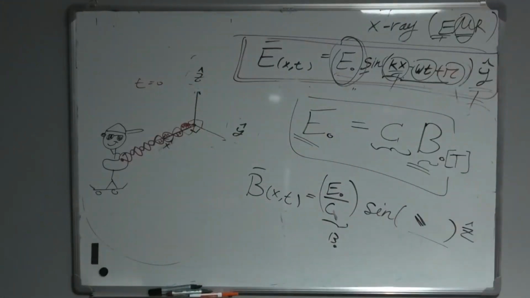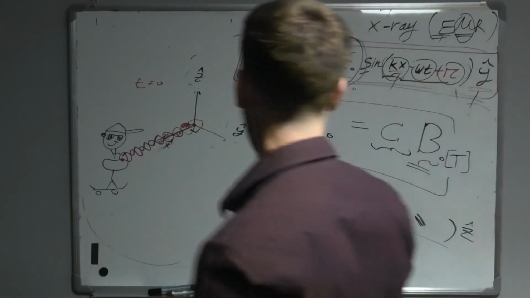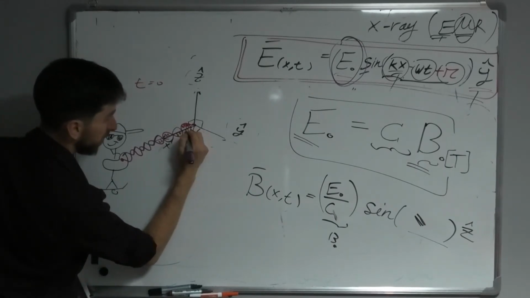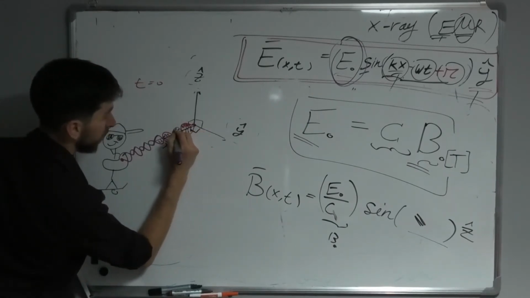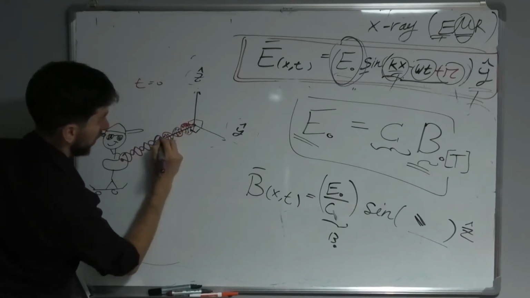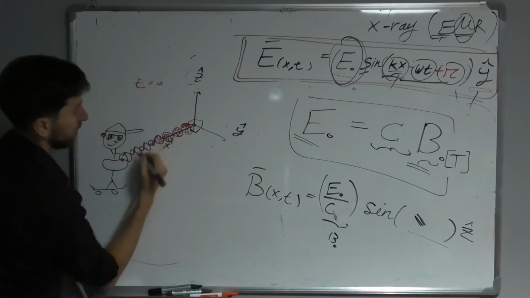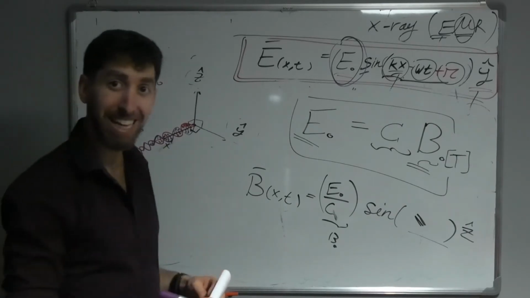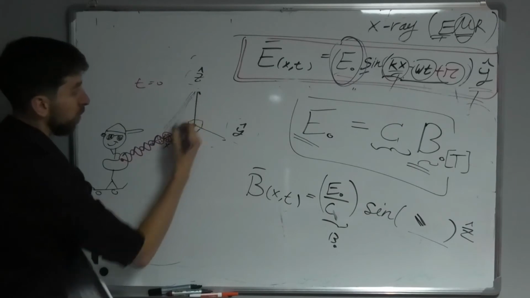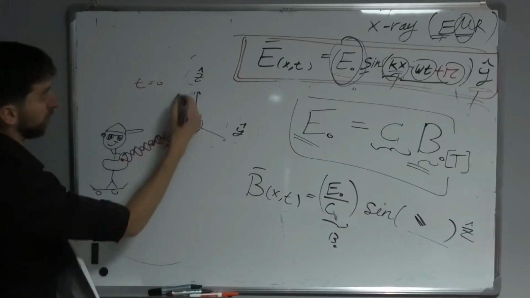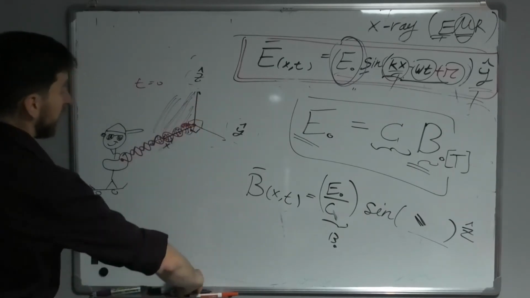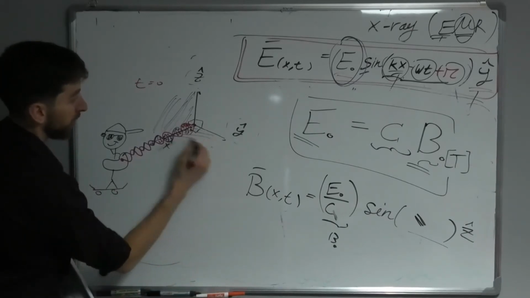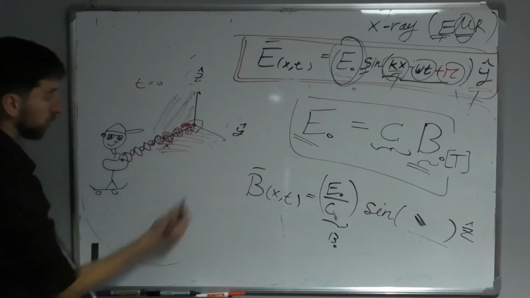So let's continue. The magnetic field looks like this. The arrow of the magnetic field at each point is pointing only in the Z direction, sometimes positive, sometimes negative. You can think about the magnetic field as lying inside the Z and X wall, and you can think about the electric field as lying in the floor, the XY direction.